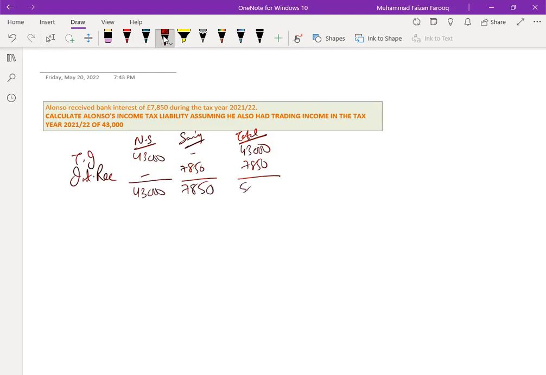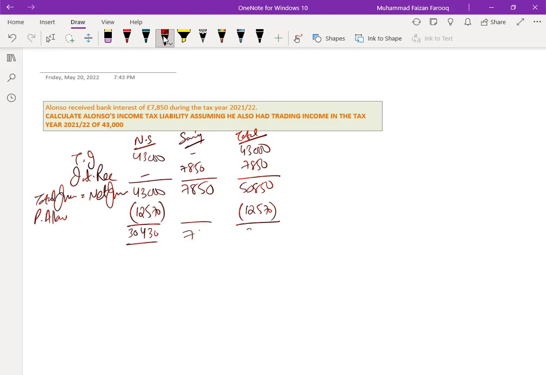50,850. This is my total income as well as net income, because there is no qualifying interest available. After that, we deduct personal allowance of 12,570, which gives 38,280 of taxable income.